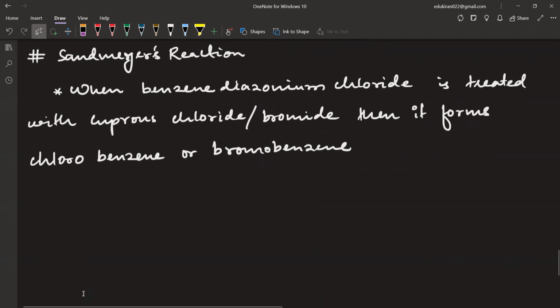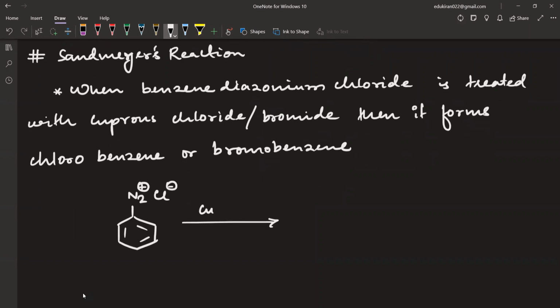What is the reaction? Benzene diazonium chloride. So benzene is benzene. Diazo means N2 positive, and chloride is Cl negative. When this reacts with Cu2Cl2, or somewhere you will also see CuCl, okay, so both are fine.